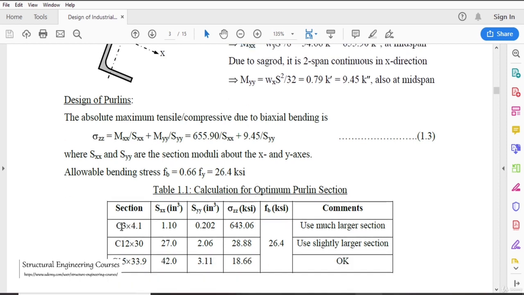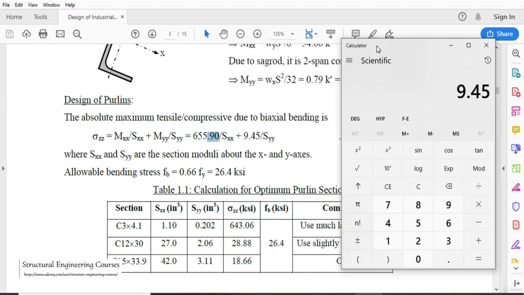The author had considered 3 sections here, and accordingly he shortlisted this section. When we divide this 655.9 by 42, it comes out to be approximately 15.61, plus 9.45 divided by 3.11.